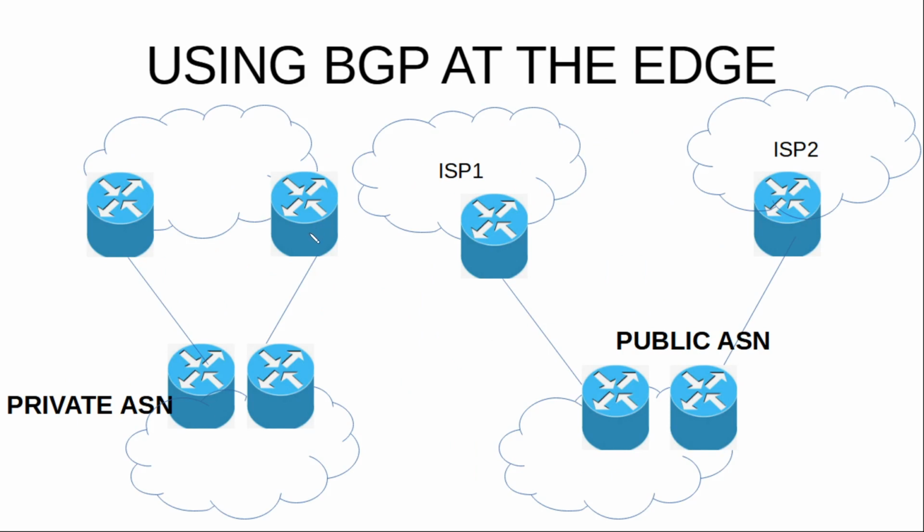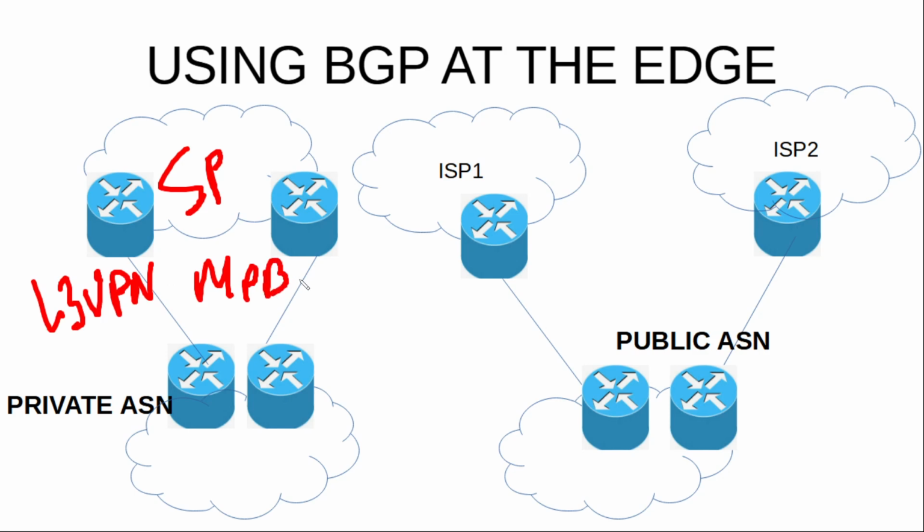There are other options that you can have. For instance, some service providers will provide you with a service that is known as layer 3 VPN that uses multi-protocol BGP. In this case, this solution will help you communicate your headquarters with many other remote offices.